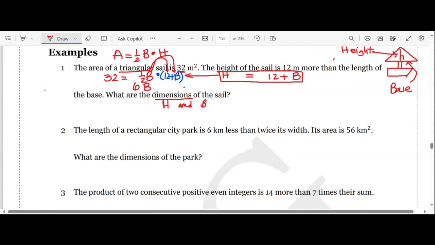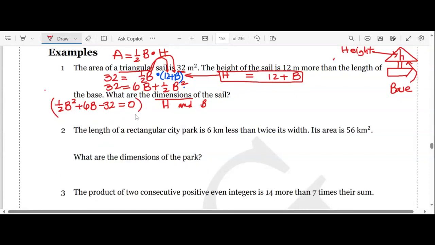Half b times b, half b squared, correct? Equal 32. Now I'll make everything on one side. So half b squared plus 6b minus 32 equals 0.